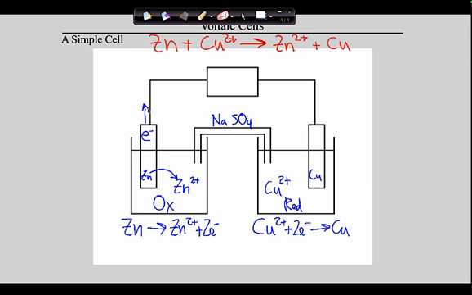So guys, over here in this cell, which way are you going to draw your arrow? If you've done things like me, does your arrow go left or right? Your arrow goes to the right. Copper ion is becoming copper metal. But now, guys, the question is this. In order for copper ion to become copper metal, what do you need?